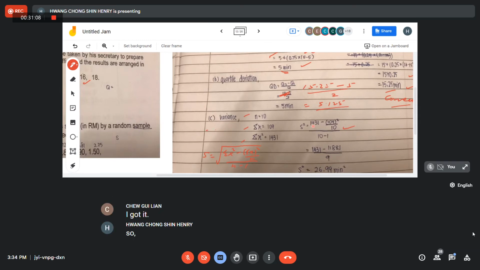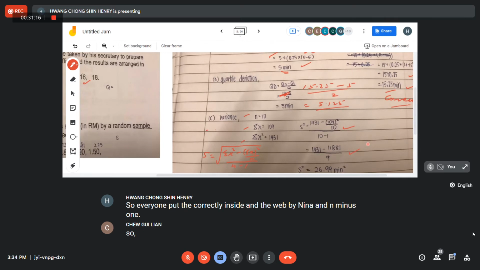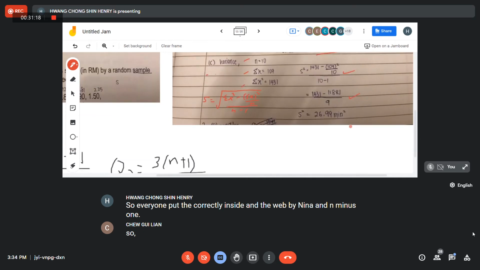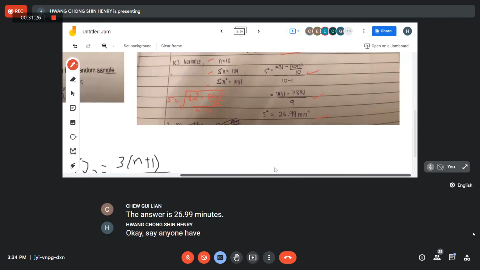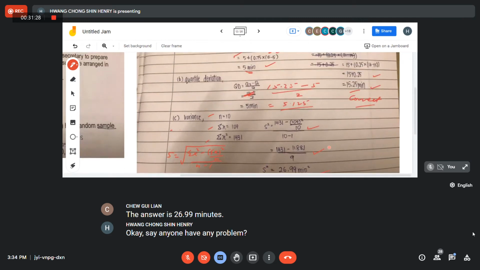So everyone put the total correctly inside, then divide by 9, which is n minus 1. So 26.99. The answer is 26.99 minutes. Anyone have any problem? You know how to find the total x, one by one add it up.